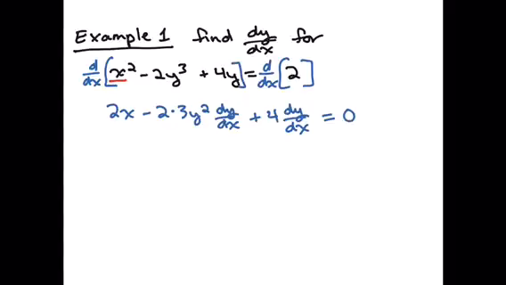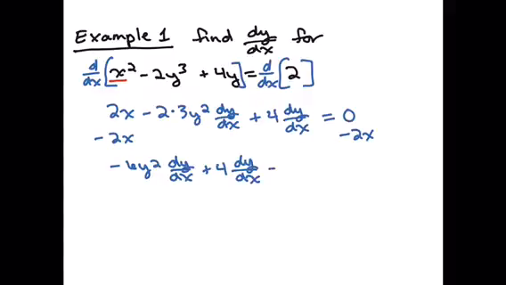So this means I can subtract the 2x from both sides because it doesn't have a dy/dx attached to it, and we end up with negative 6y squared dy/dx plus 4 dy/dx equals negative 2x.